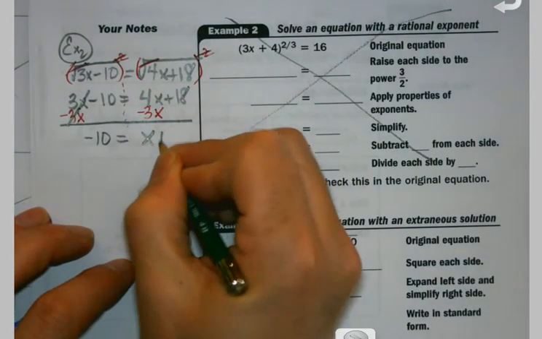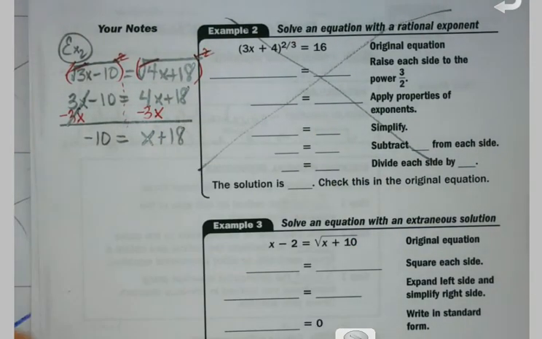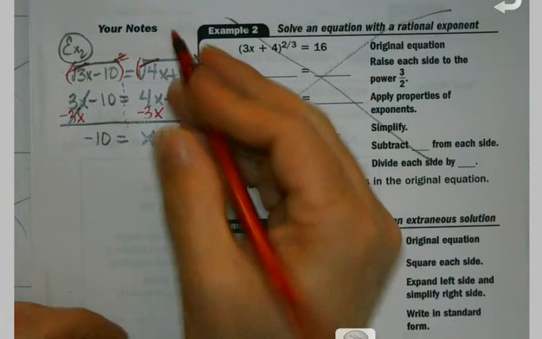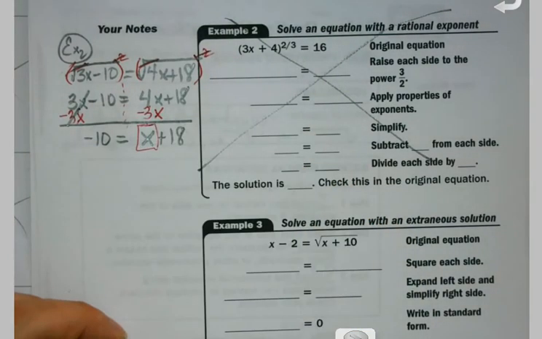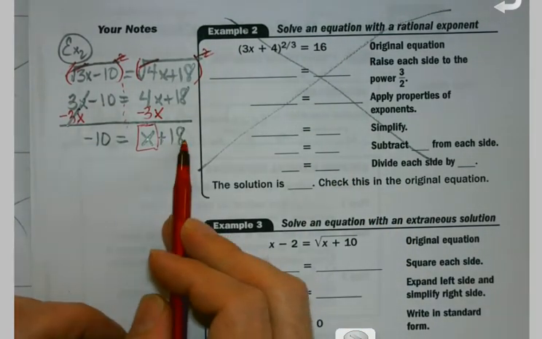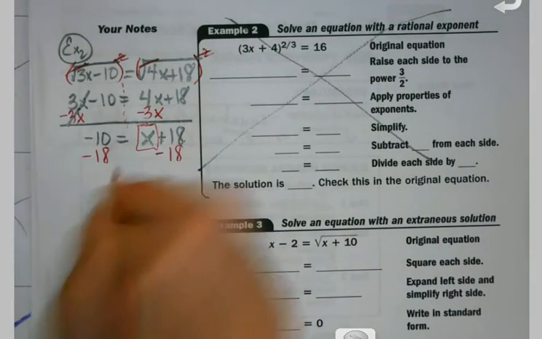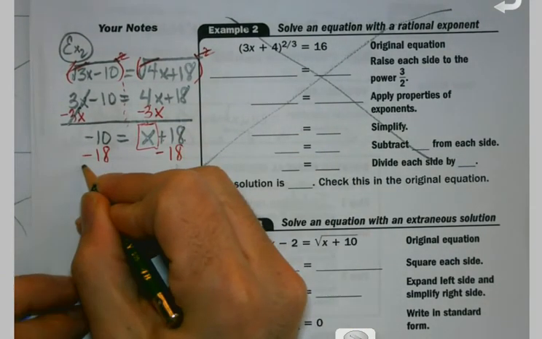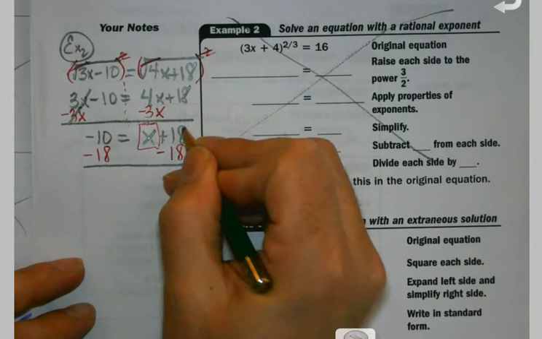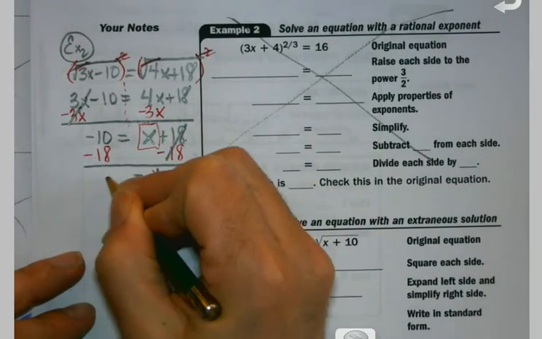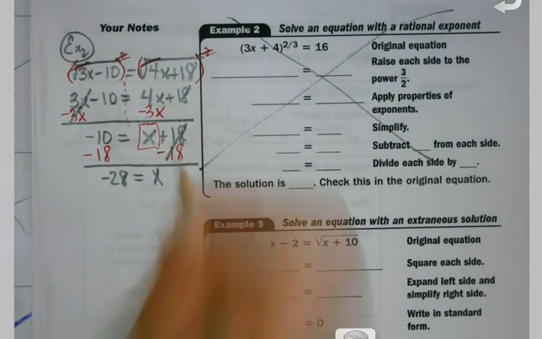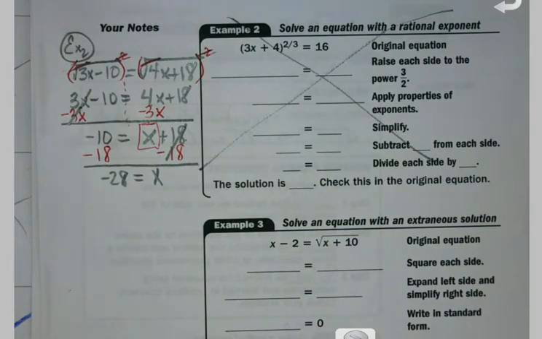And I still got that plus 18. Yep, and my last step is going to be, okay, I almost have x by itself, but I'm still plussing 18 to it right now. So if I minus the 18, and I'm done.